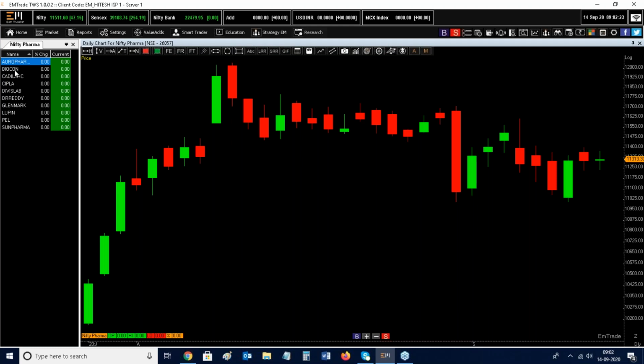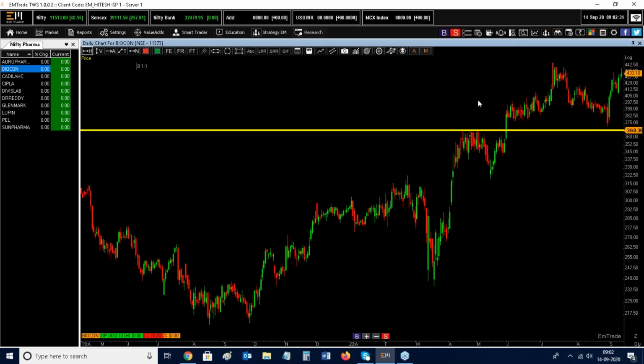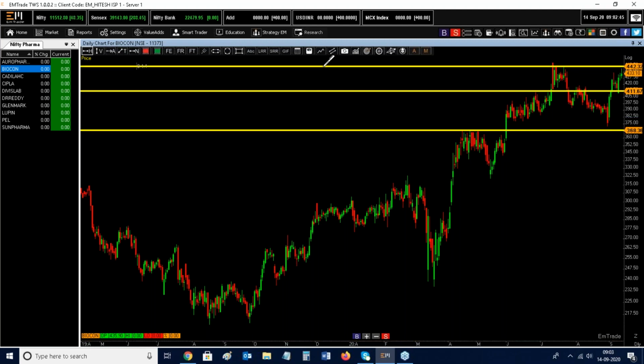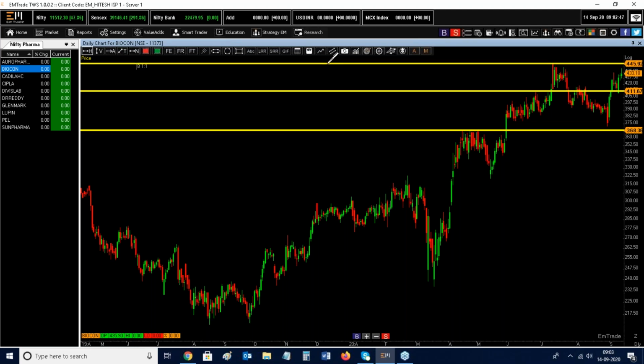This is Biocon, right? I remember some of you traded the breakout over here. So Biocon breaks the all-time high, sees a rally and a consolidation. Again, breaks the all-time high, consolidation. And again, Biocon is at the all-time high. So this is a typical tendency.